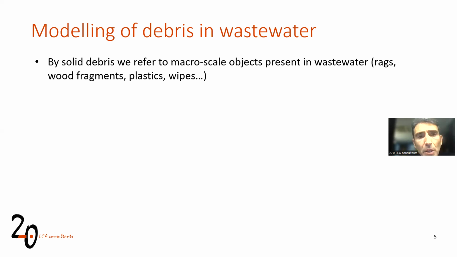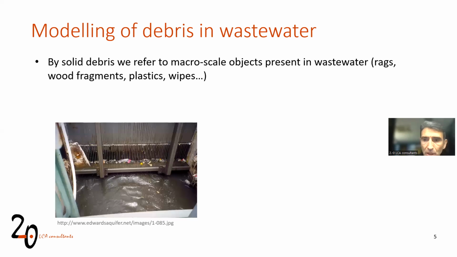And here by solid debris, we refer to macro scale materials that can be present in wastewater, such as rags, wood fragments, pieces of plastic, wipes, etc. This is a picture of what we mean, these kinds of materials that make their way into the inlet of wastewater treatment plants.